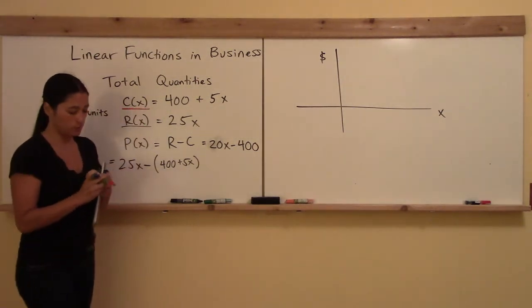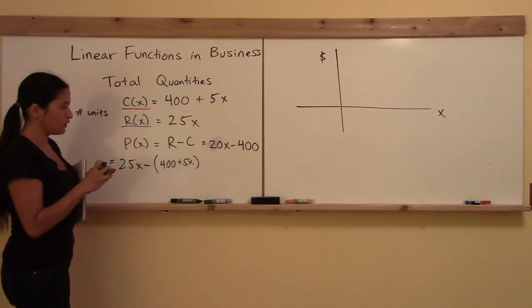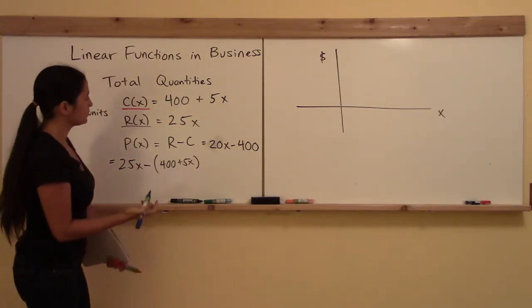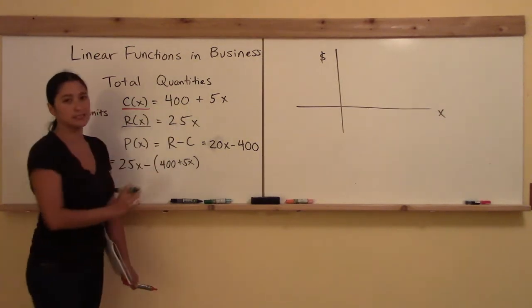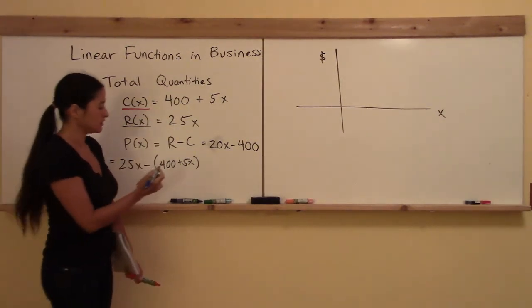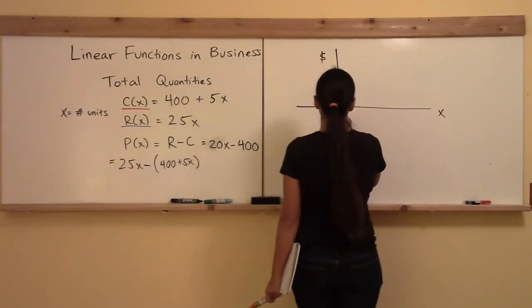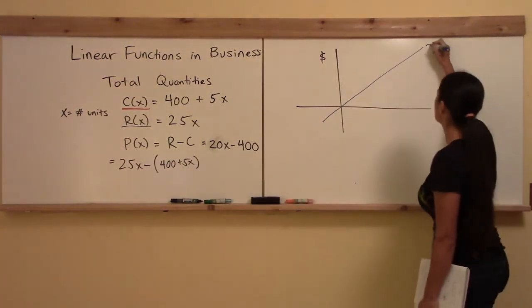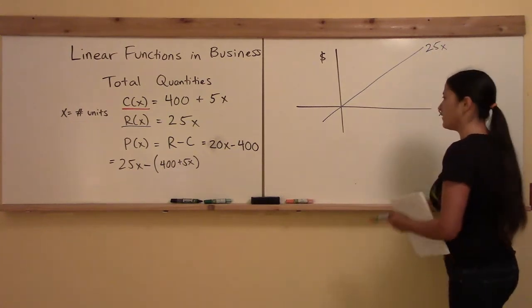And you can see that these are both linear functions, and when they're equal, that was the break-even point, is actually corresponding to solving both of these things at the same time, simultaneously. So that's going to be the place where the two lines intersect. So R of X, you can see that its y-intercept is 0 and it has a slope of 25.